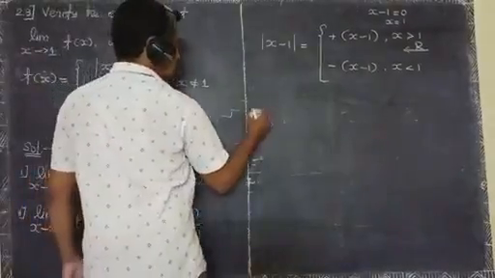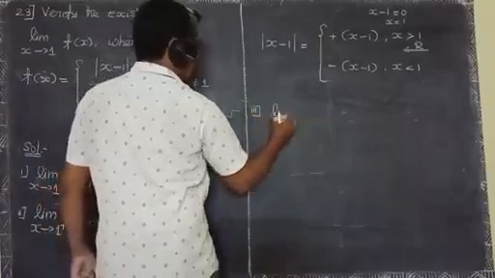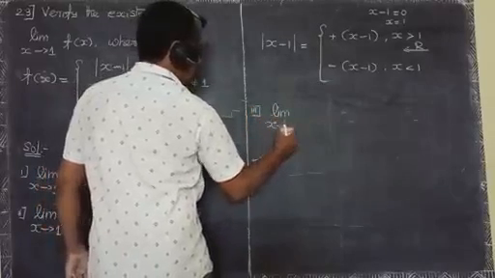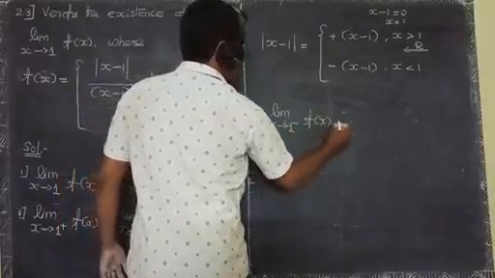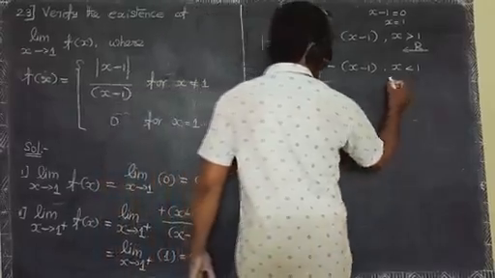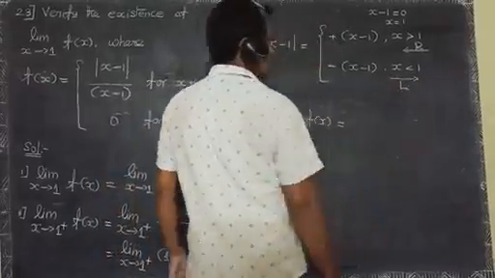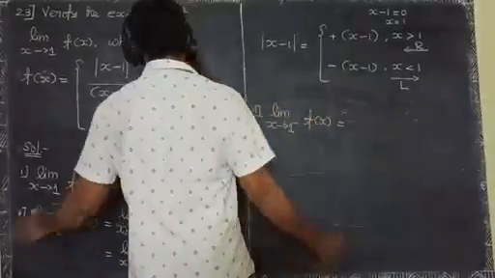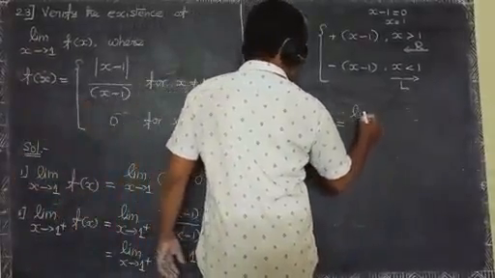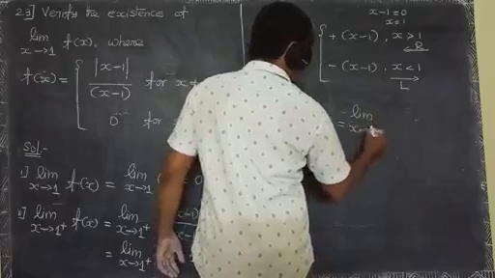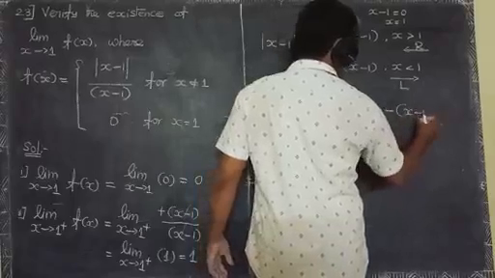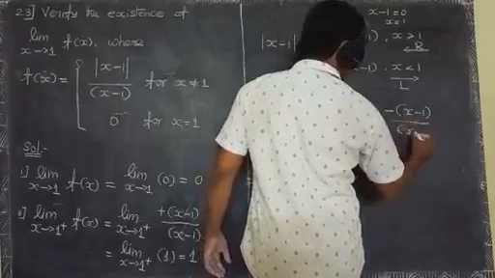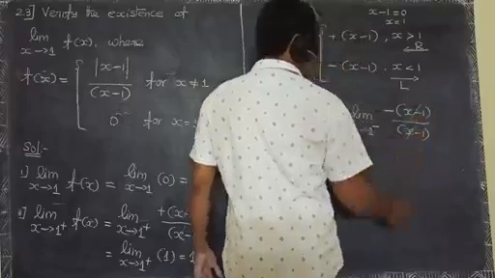Here in the third one, the limit as x approaches 1 from the left of f(x). 1 minus means x approaches 1 from the left side. So using this factor, the limit as x approaches 1 from the left of (minus (x minus 1)) divided by (x minus 1). Here the factor x minus 1 cancels.